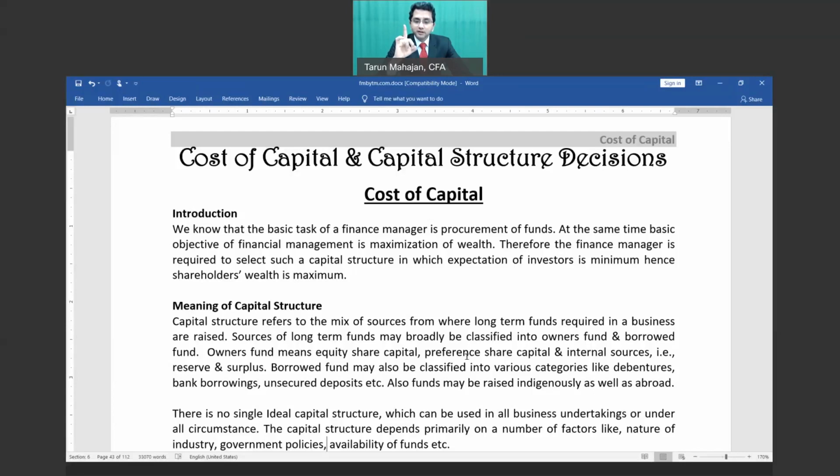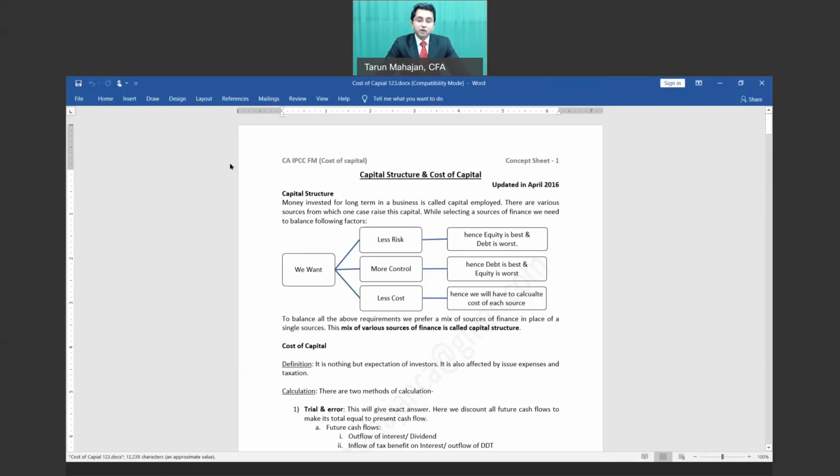I need to consider risk, I need to consider control, and at the same time, the most important thing I need to consider is the cost of capital. So, if the cost of capital is on the lower side, then that is fantastic.